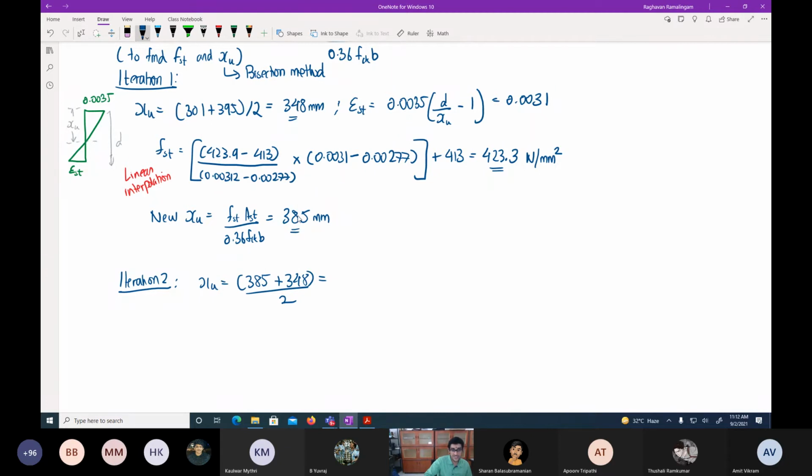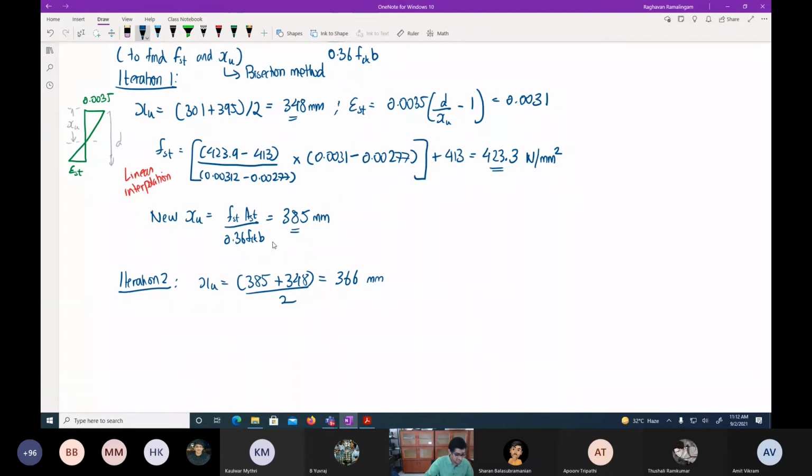Iteration 1 gives the starting value and ending value, so you bisect that. This comes to about 366.